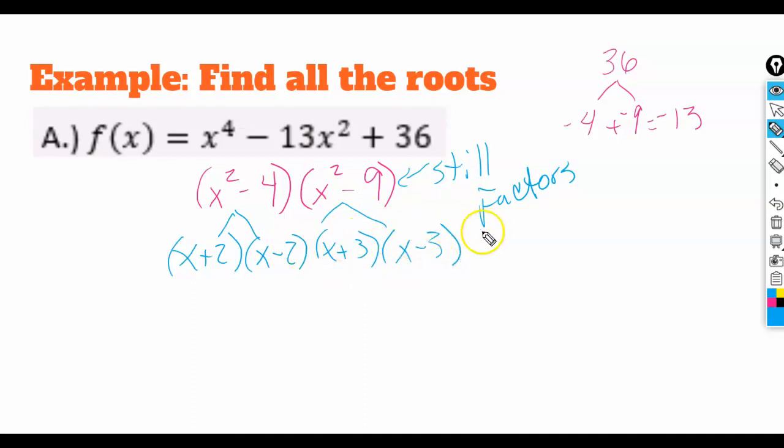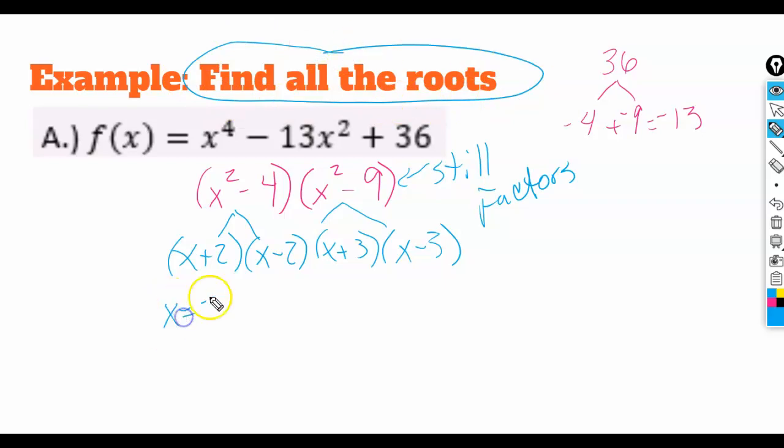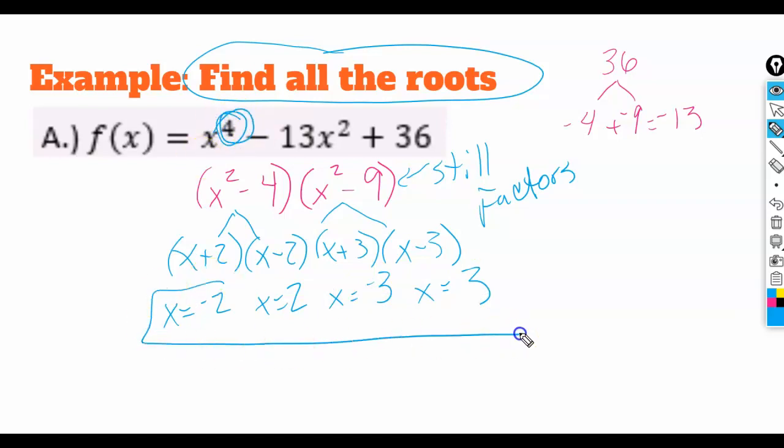And so this would be its prime factorization, its factored form. And when we set all of those factors equal to 0, because we want to find all of the roots, I'm going to get x equals -2, x equals 2, x equals -3, and x equals 3. It was to the 4th power, so I was expecting to get 4 roots, and that gave me 4 roots.